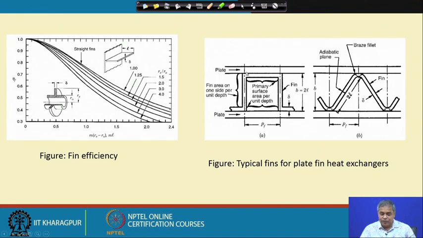And if we assume that both the plates are at the same temperature, then one can think that this is the base of the fin, and here at the mid plane we will have the fin tip at insulated condition.